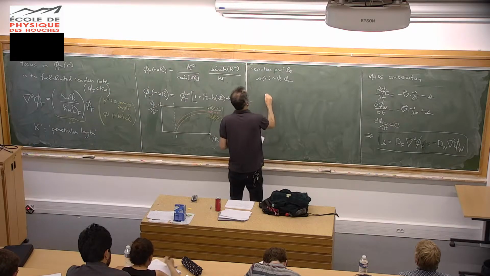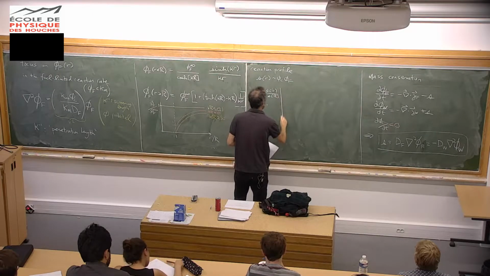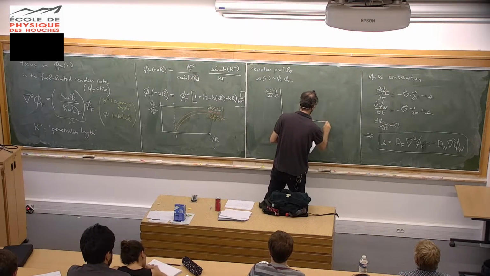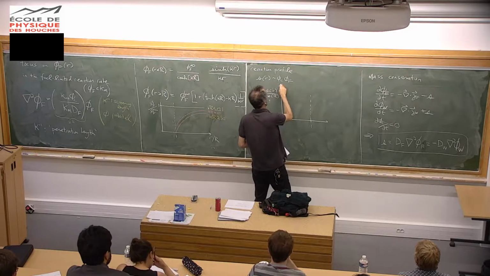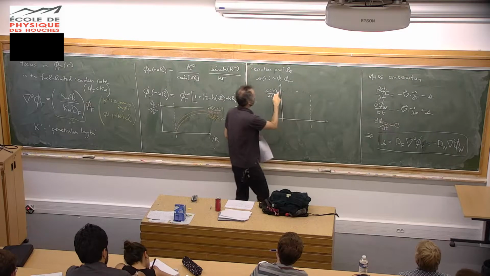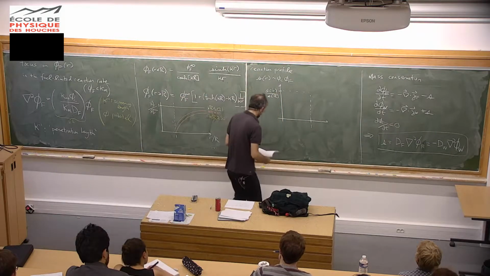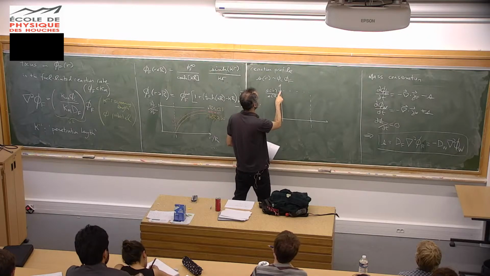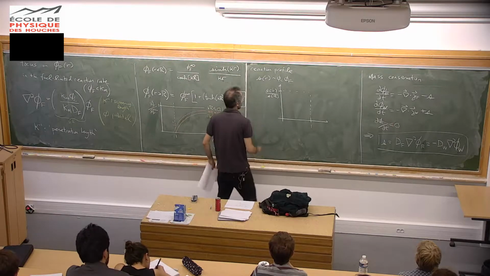It's almost obvious, but I think it's worth plotting. Here's the edge of the droplet. Here is the reaction rate at the center. Here's the reaction rate everywhere normalized by the reaction rate at the center.